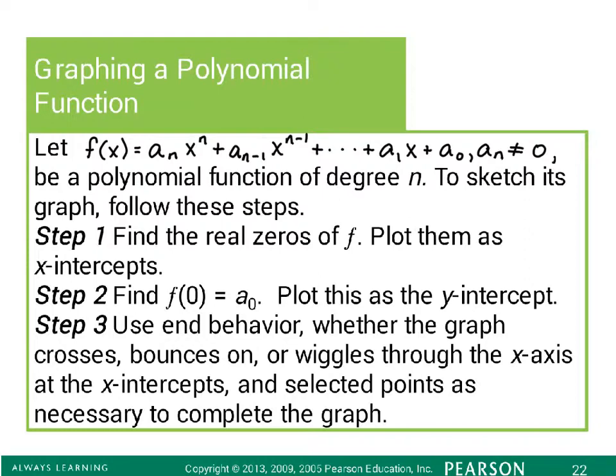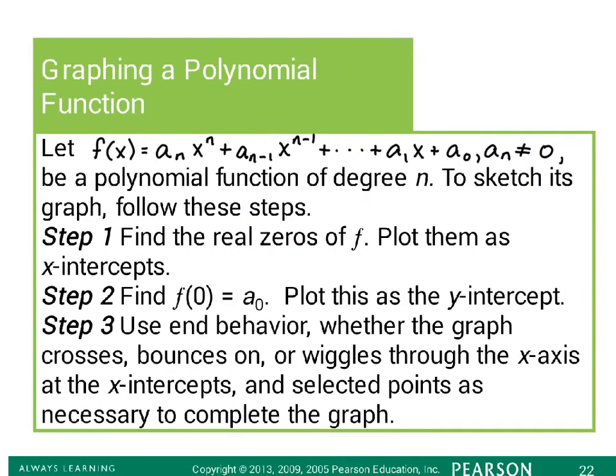And then we're also going to be looking at multiplicities and things to determine if we either cross the x-axis, or bounce off of it, or wiggle through the x-axis. So that is how we're going to do the next example when we graph this next function.